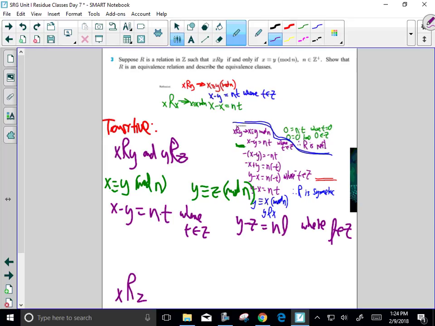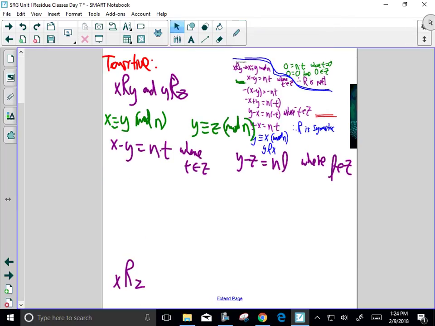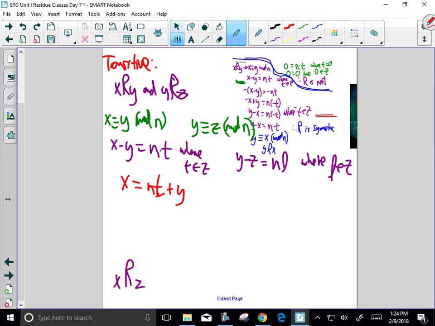Now what do you want to do? We've kind of done this already, haven't we? We're going to solve for x, which is nt plus y, and we're going to solve for negative z, which is nl minus y.